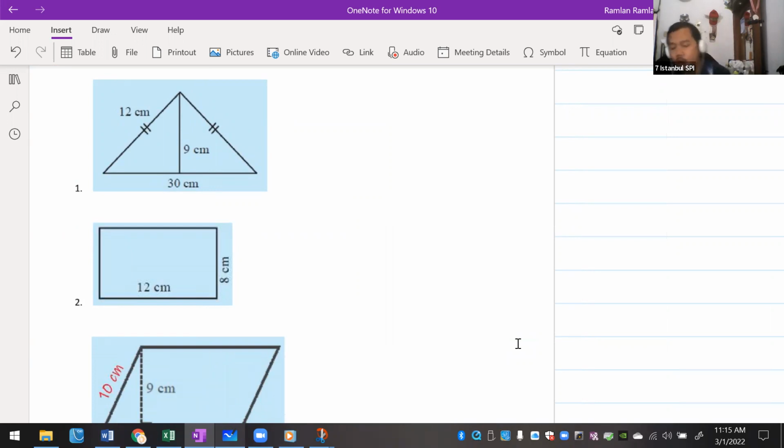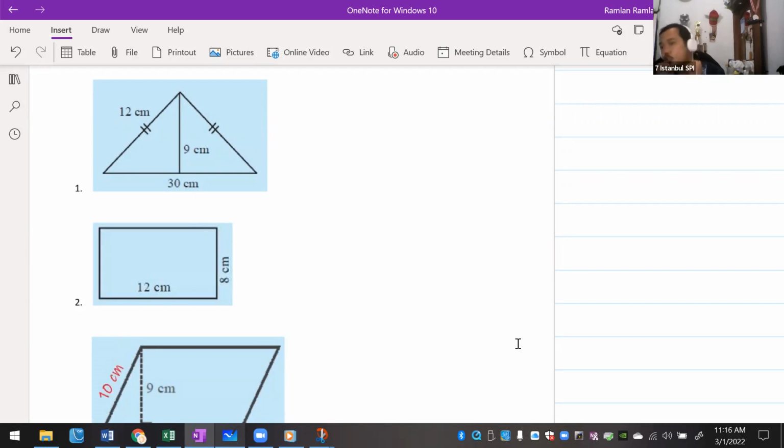Remember what I always said, guys, whenever you answer questions like this, mathematics, science, physics, please write down the process. If you do not write the process, I'm afraid I'm not going to give you a full score. Your score will be only half of that. So please write down the process.